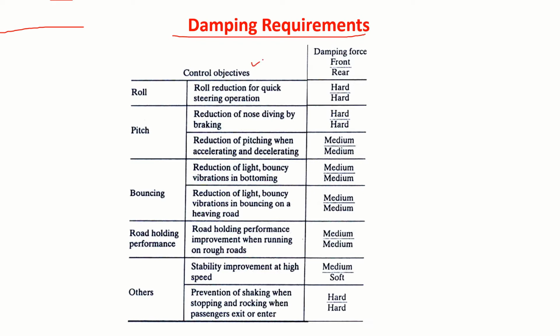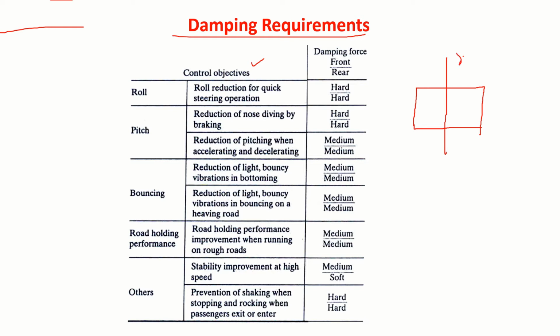Damping requirements. Here I have written control objectives: damping force, front divided by rear. Roll reduction for quick steering operation: hard. If you see the front view, roll happens about the x-axis.